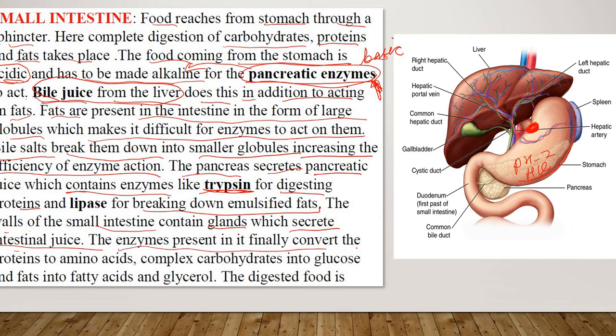The enzymes present in it finally convert proteins into amino acids, complex carbohydrates into glucose, and fats into fatty acids and glycerol. So there are three types of conversion: protein into amino acids, carbohydrates into glucose, and fats into fatty acids and glycerol.